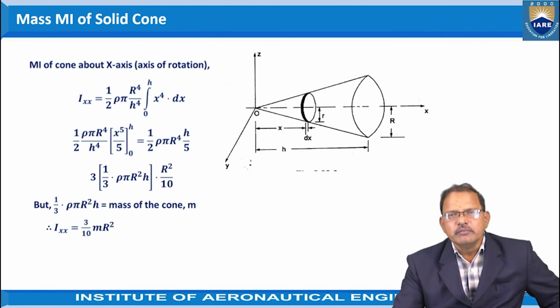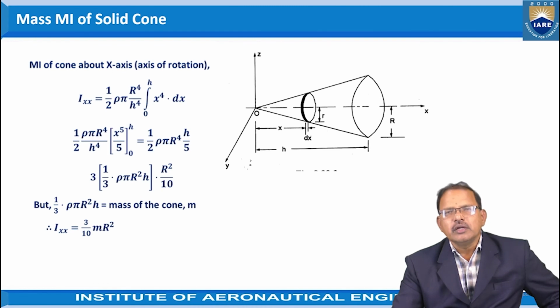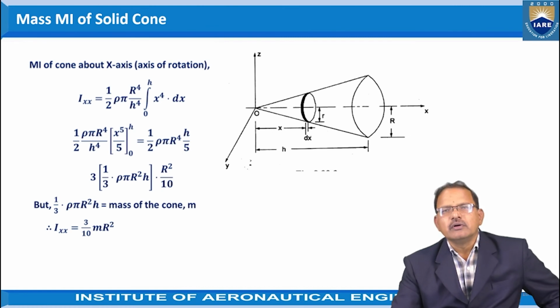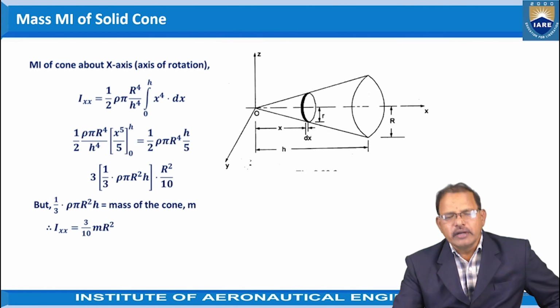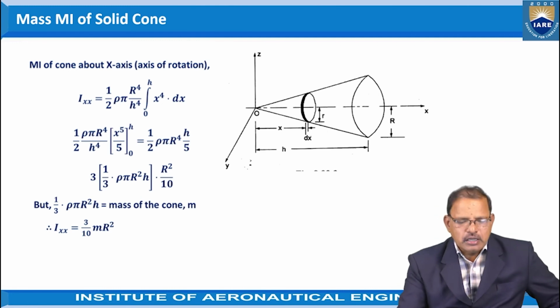So on substituting the limits, we get 1 by 2 into rho pi r to the power of 4 into h by 5. Which is equal to, multiplying and dividing by 3, 3 into 1 by 3 into rho pi r square h into r square divided by 10.